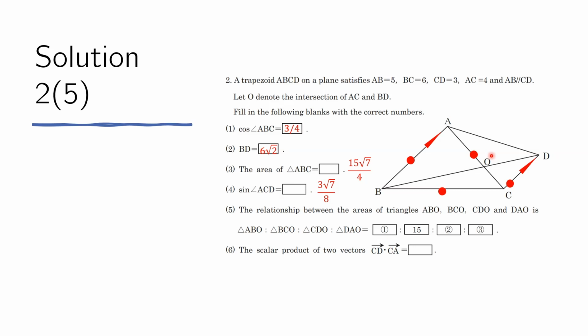Similarity means that the corresponding angles are equal, and the corresponding sides of those two triangles are proportional.